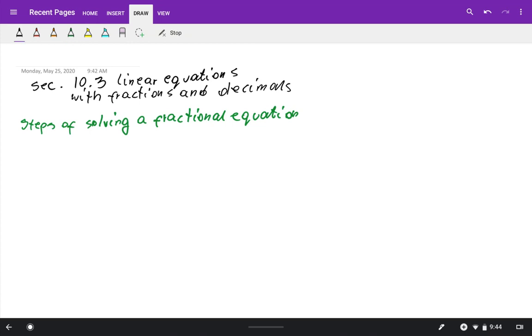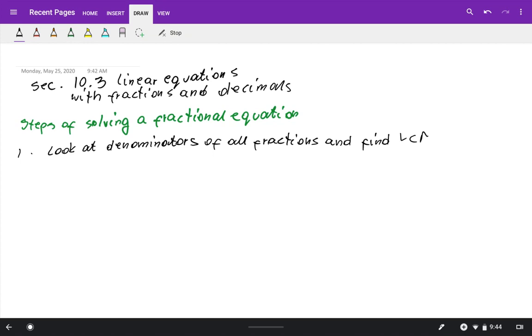Okay, so step number 1 is look at denominators of all fractions and find the LCM. Again, LCM is lowest common multiple.